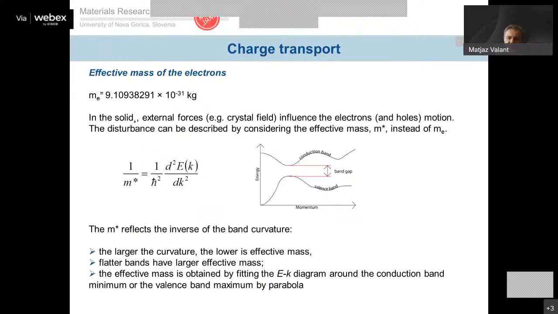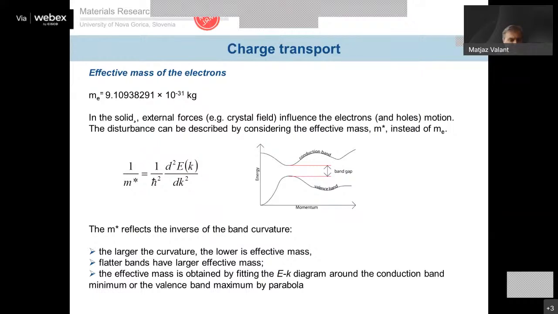So the effective mass of electron is just a number which represents the influence of this crystal field on the mass of the electron itself. It's a kind of construction, this effective mass, but we constructed it so that we can better understand the transport properties of the electrons, but also electron holes, the transport properties of the charges through the crystal.